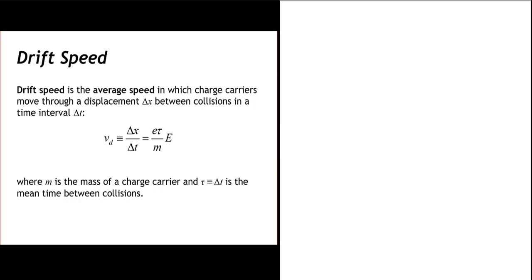So in this case, it would be the mass of an electron if we are looking at the charge carriers in conductors.